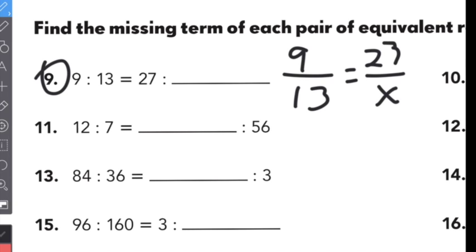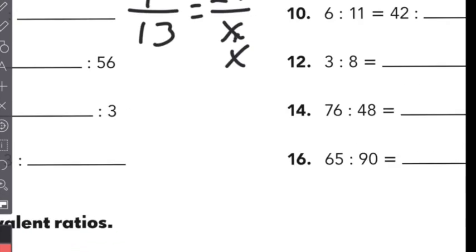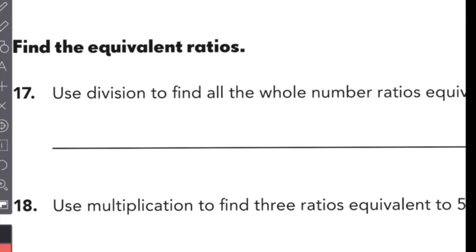How much bigger is the second one? It's times 3. Whatever you do to the numerator, you must do to the denominator. So it'd be 13 times 3. You could go backwards, but it doesn't make sense here because the missing denominator is on the second one. Okay, so those you should be fine with.